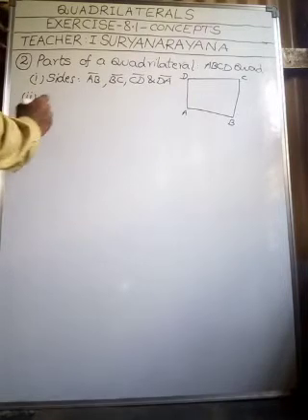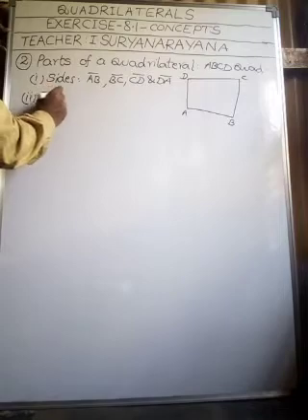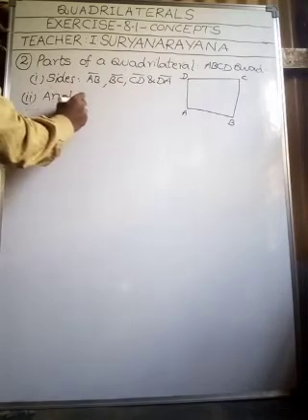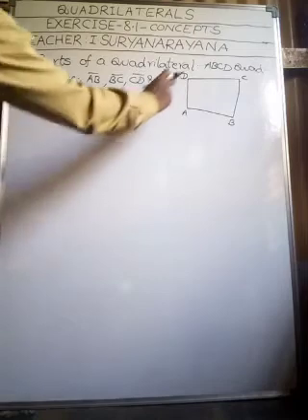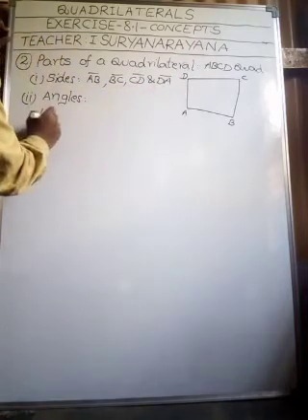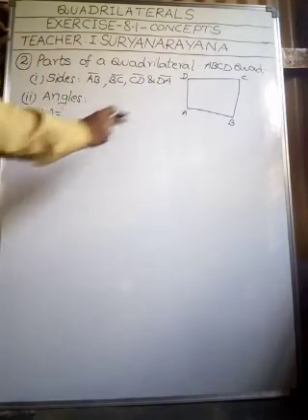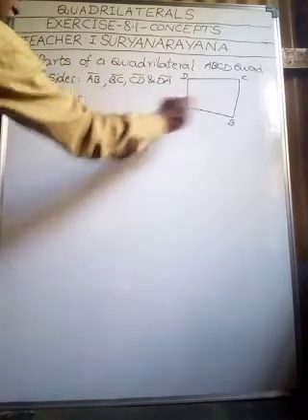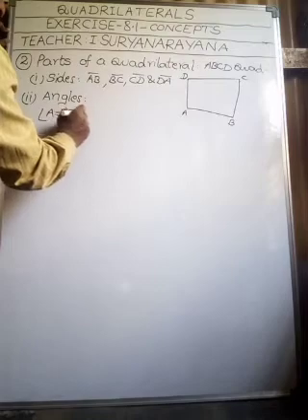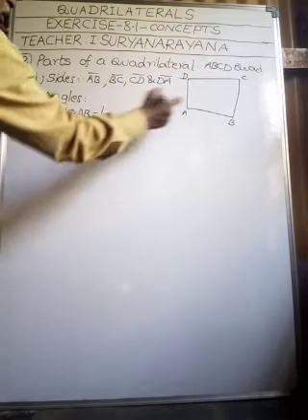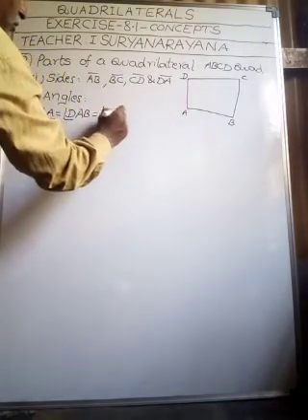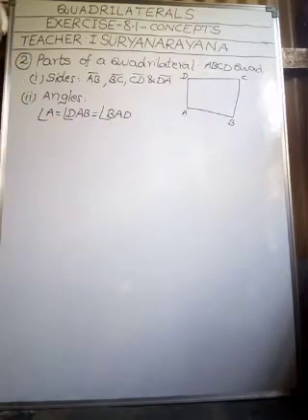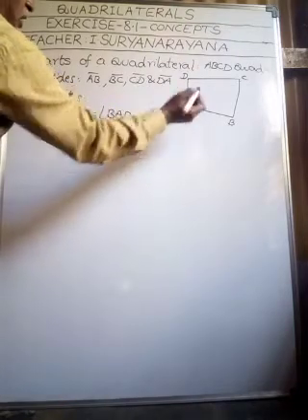Next, angles. Angle DAB, or simply angle A. Angle DAB is also called angle BAD. All these three notations denote the same angle, angle A. Okay, my children, this is one angle.